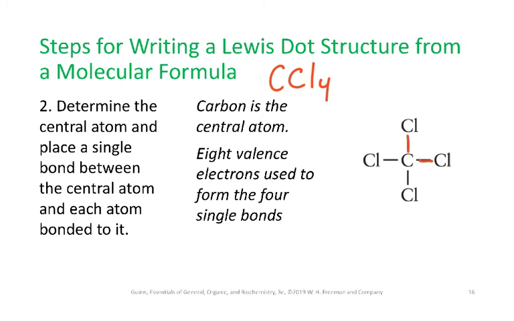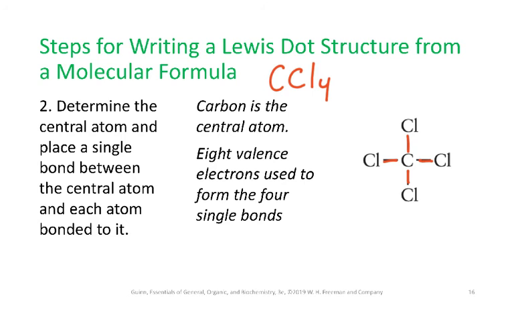We're gonna assume single bonds unless proven differently, connecting to each other atom. So this takes care of the 8 valence electrons needed to form 4 single bonds around carbon.